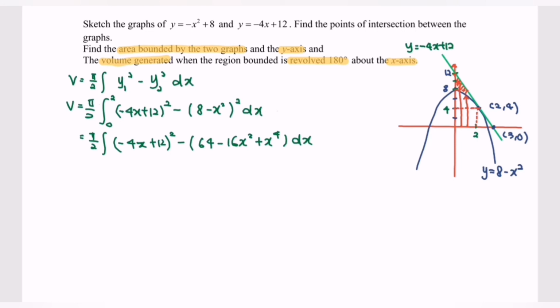If we integrate, we will have (negative 4x plus 12) to the power 3 over 3 multiplied by negative 4, minus 64x plus 16x to the power of 3 over 3 minus x to the power of 5 over 5, with the limits 2 and 0.